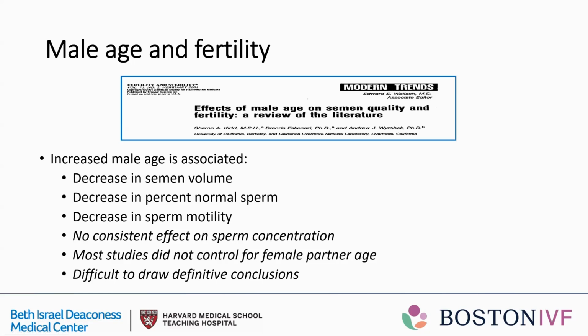And what they found was increasing male age was associated with abnormalities in sperm parameters. So decrease in semen volume, a decrease in the percent of normal sperm and in sperm motility, no real effect on sperm concentration. But a lot of these studies in this review didn't really control for female partner age, so that's a big flaw. So it's difficult to draw definitive conclusions.